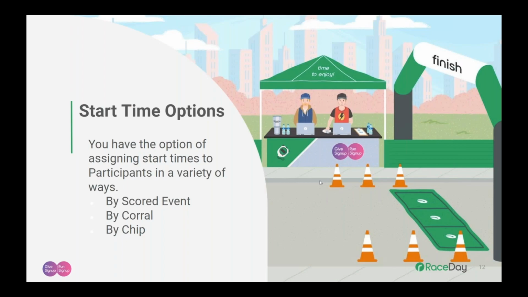The other thing that you run into is you have multiple different ways of starting these events. You have options to do it by scored event. By scored event might be if you have a triathlon and a triathlon relay, so all the people in the tri start together and all the people in the relay start 3 minutes later.